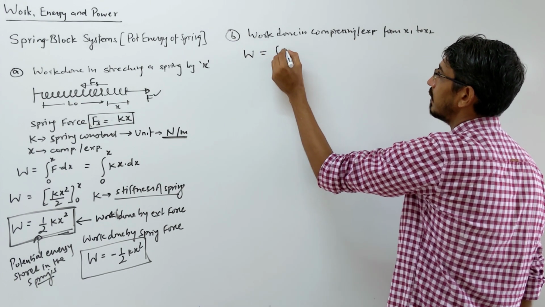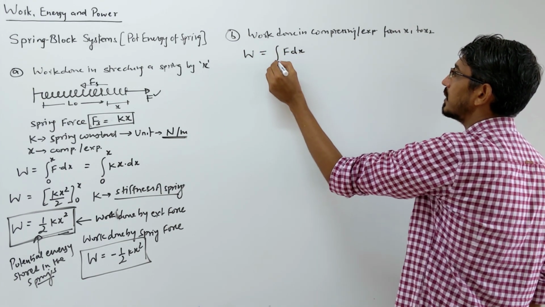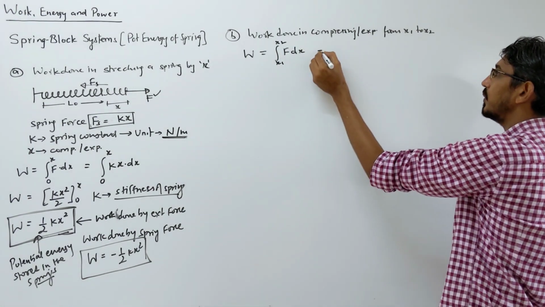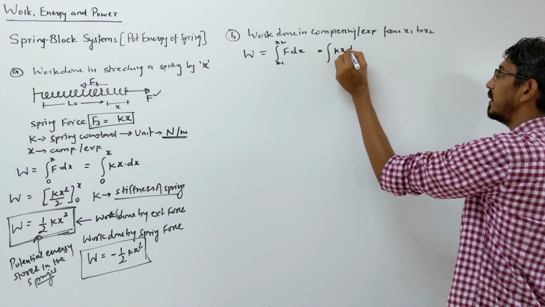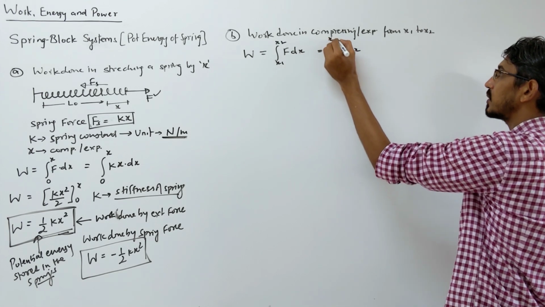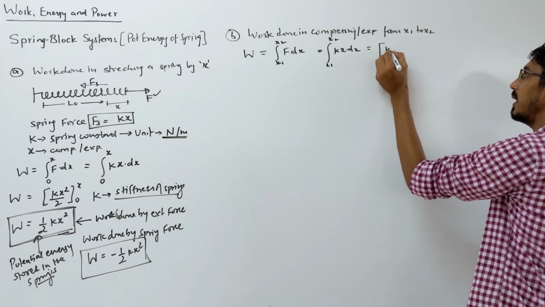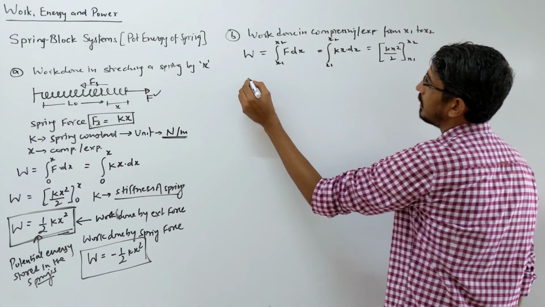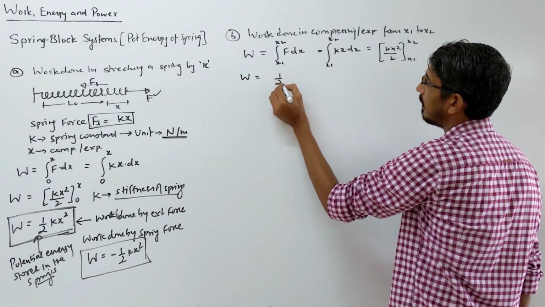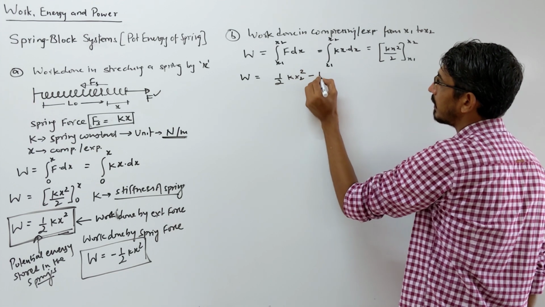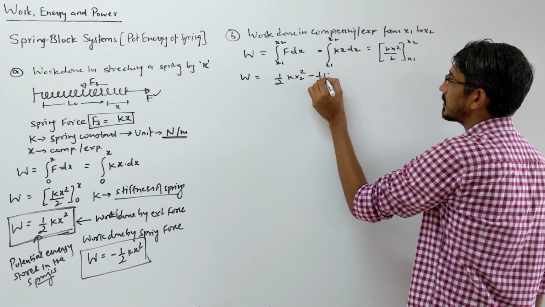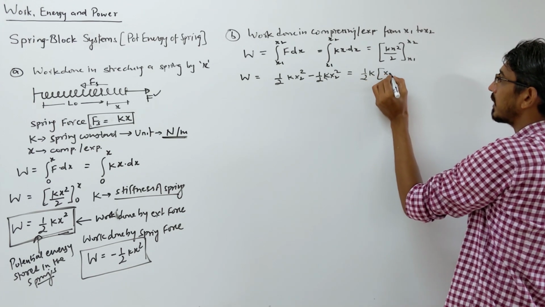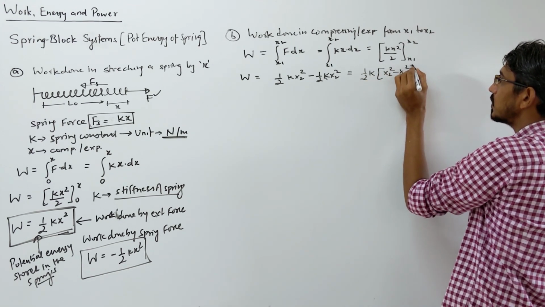This is work done, the integral of F dx, from x1 to x2. Put your value, F is kx into dx, from x1 to x2. The answer comes out as kx square by 2 from x1 to x2. So the work done will be half k x2 square minus half k x1 square, or in simple form, take half k common: half k into x2 square minus x1 square.